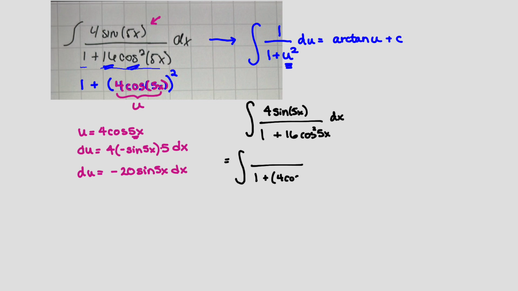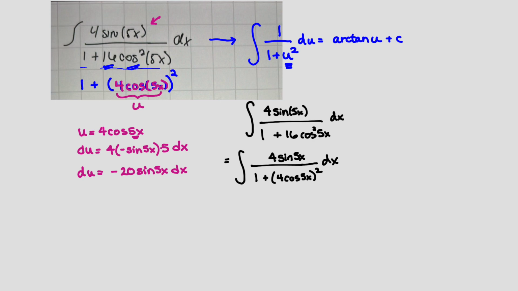So we made that 4 times the cosine of 5x quantity squared. Now, I also have that 4 sine 5x. Let's keep it on the top. So we've got 4 sine of 5x dx.